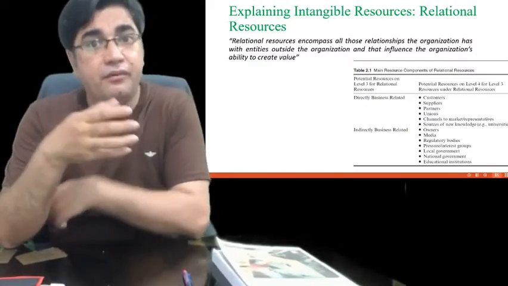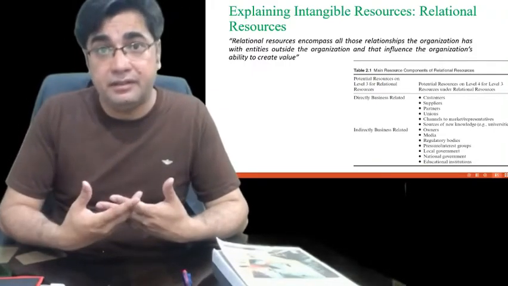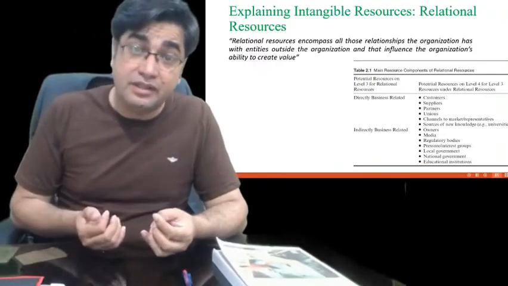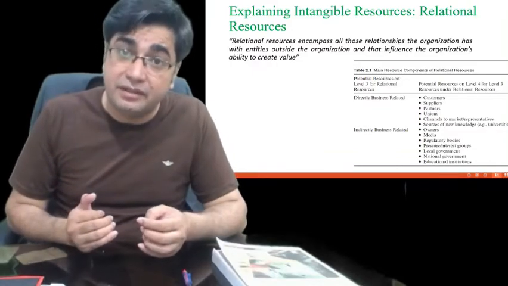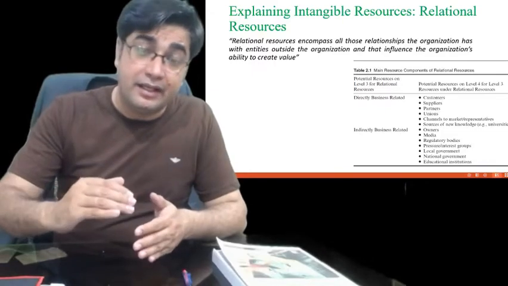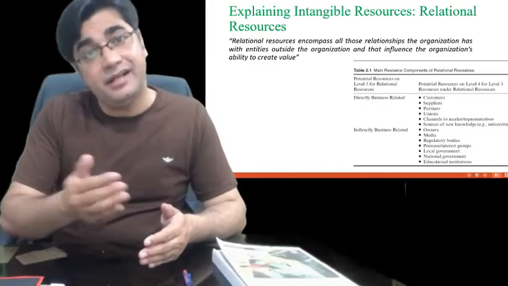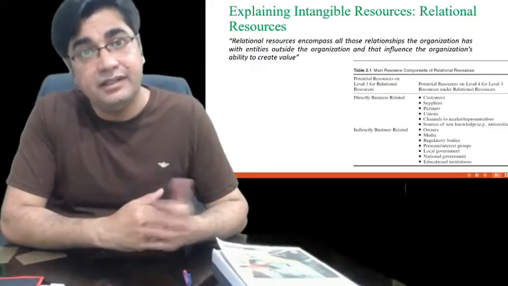The companies which have a very well integrated and collaborative relationship with their suppliers are able to get the raw material and the supplies from their supplier, and then they maintain their supply chain, and that's why the resilience of their supply chain is entirely dependent upon the relationship with their suppliers.